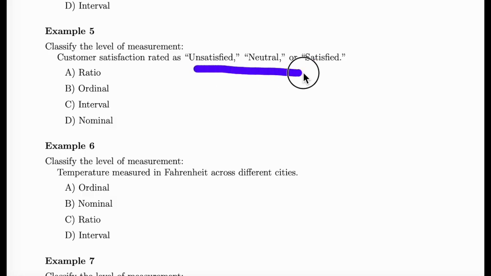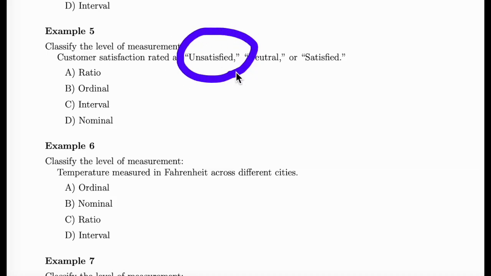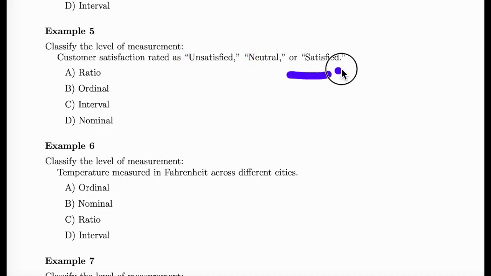Can I order these in some way that makes sense, from smallest to largest or some kind of rank? And we can. It's ordered just that way. I would say unsatisfied would be the lowest, satisfied would be the highest, and neutral's in the middle. Because this is something that can be ordered, categories that can be ordered are considered ordinal level of measurement.